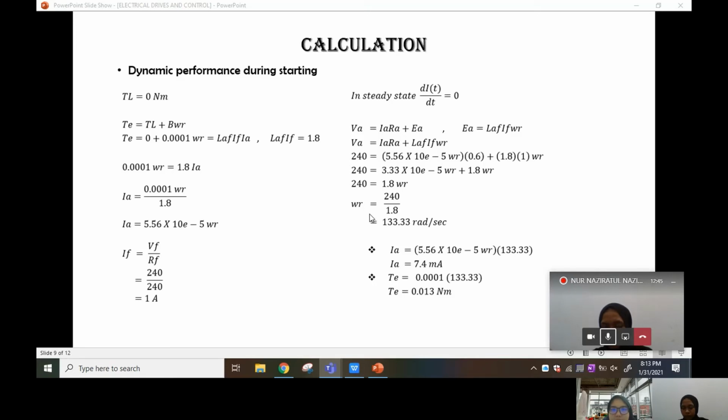Then we got the rotor speed value 133.33 radian per second, and IA equals 7.4 milliampere, and developed torque is 0.013 Nm.